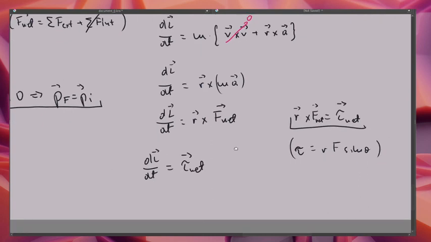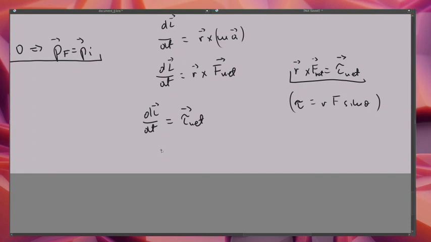In other words, I can make the statement of the conservation of angular momentum. Look at that, we're right with just enough room. So if the net torque, and this can also be argued to be just the external torque, is 0, then the rate of change of the angular momentum is 0, and that of course gives me Li equals Lf, or that the angular momentum is conserved.